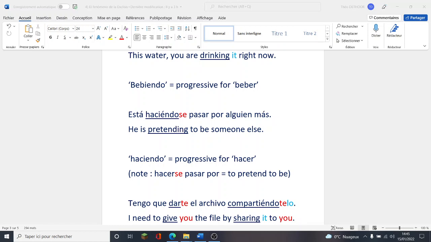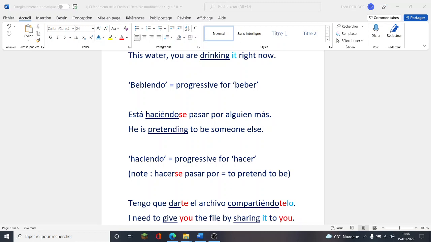There's no pronoun in the English sentence, but in Spanish you do need this pronoun, and you do need also to stick it at the end to make this phenomenon called Enclisis. So basically, in this sentence, haciendo is the progressive form for hacer, and you're not using just hacer, you're using hacerse, and because it's a progressive form, you need to put the se at the end and stick it at the end of haciendo.